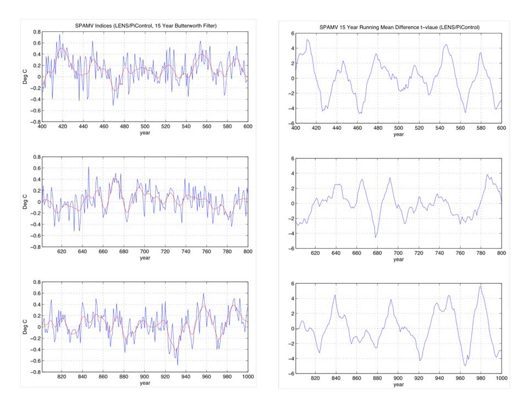The left panel shows year by year variations for the first 600 years of the integration. The integration itself is 1800 years long.